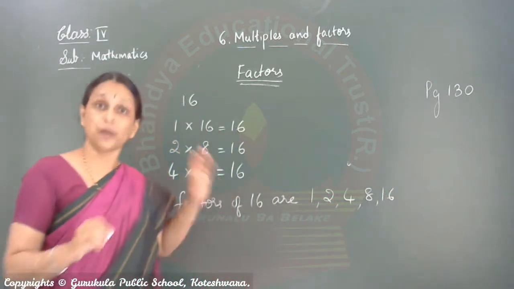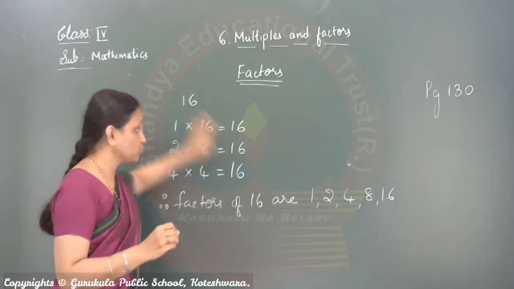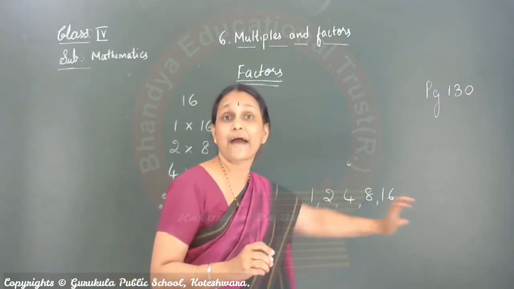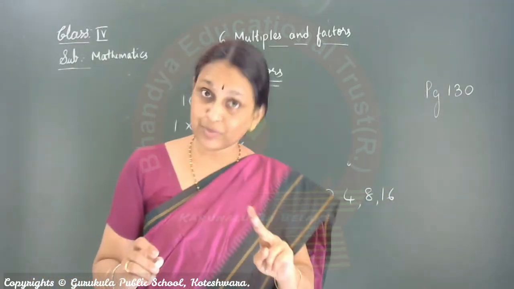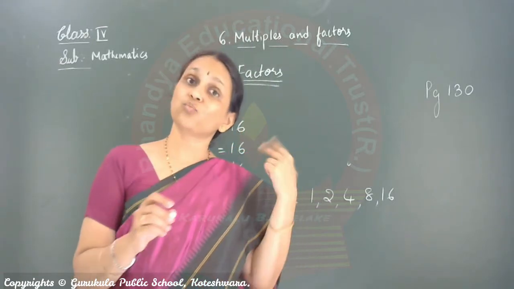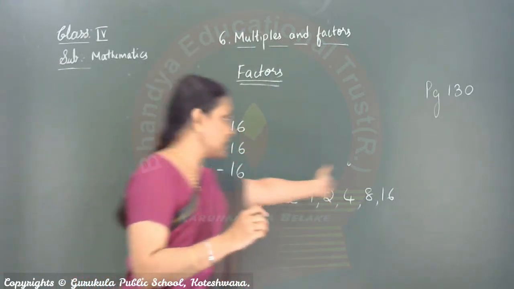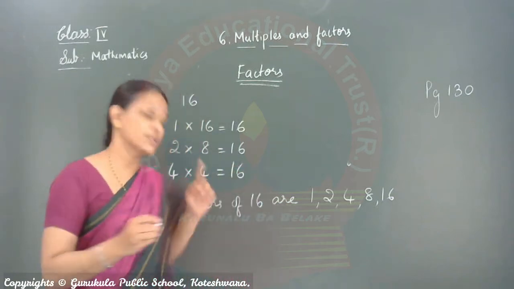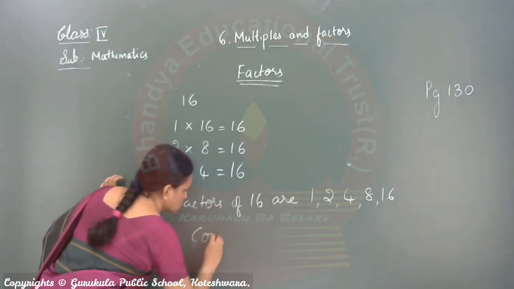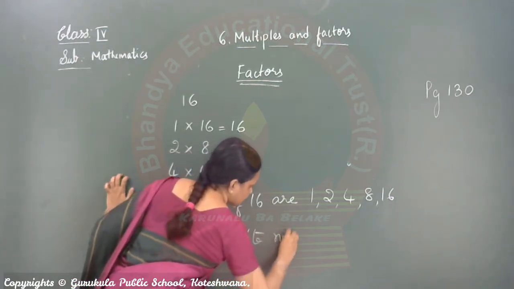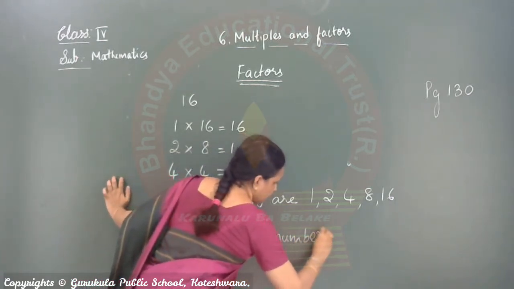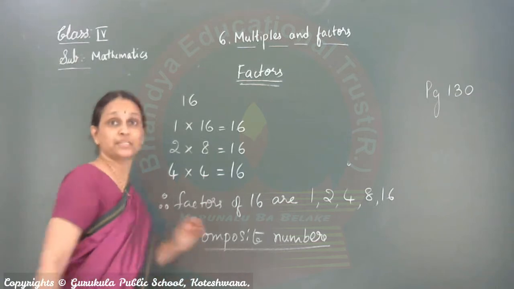So, any number which has more than 2 factors... Only 2 factors, what are they called? Prime numbers. Yes, if they have more than 2 factors like this, many factors, they are called composite numbers. Yes, you have to remember all these properties, children.